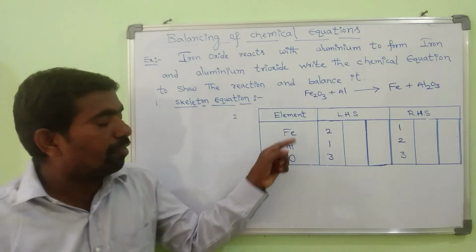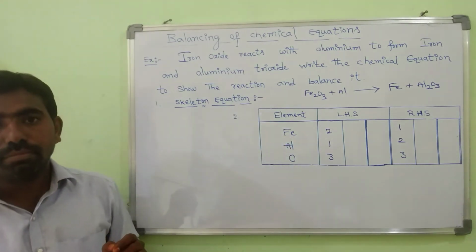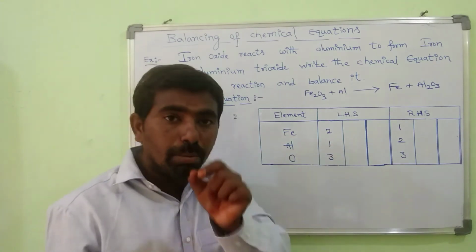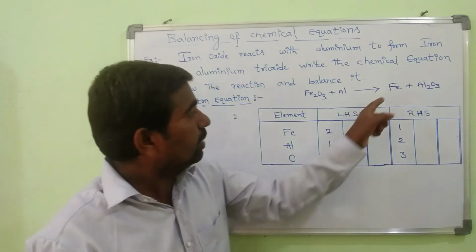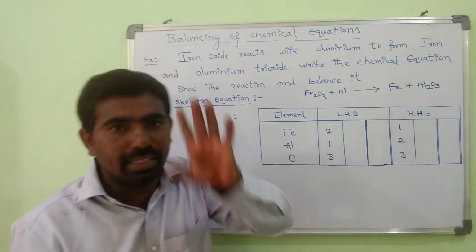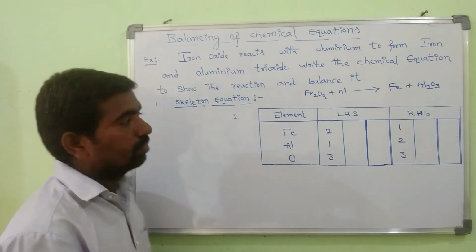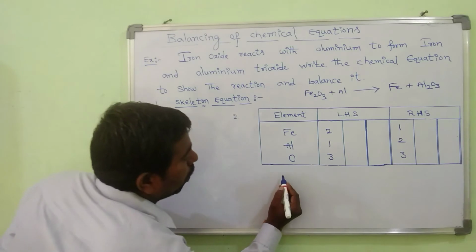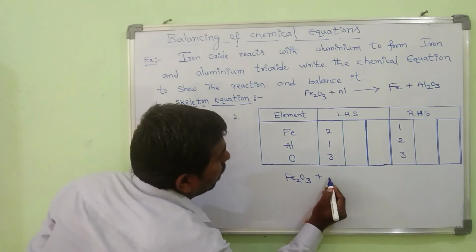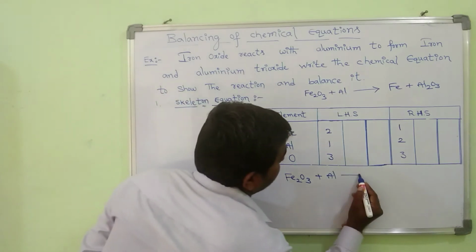For balancing of iron atoms, we have to put a suitable coefficient in the right side because in the right side iron atoms are less. Now I am putting a coefficient for balancing the iron atoms.